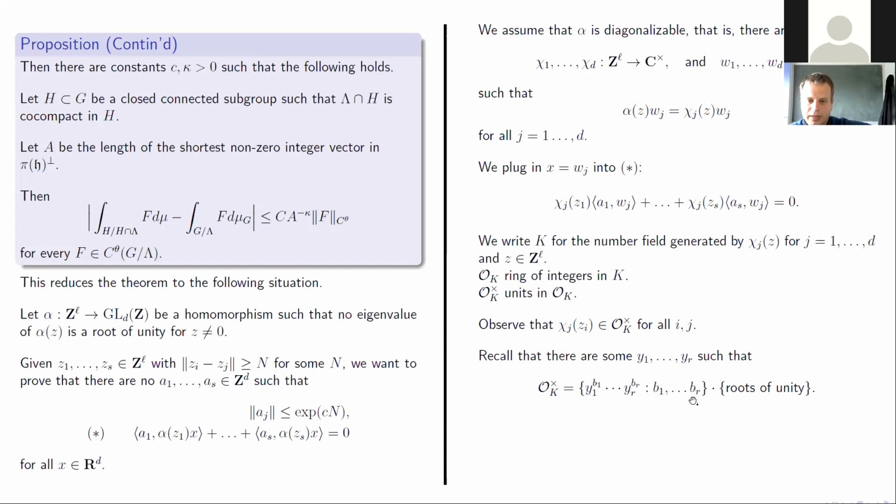One thing missing from my slide is that these b1 up to br are supposed to be integers. The only thing that I'm trying to say here is that there are very few of these numbers inside your number field, and for this reason, you don't expect that an equation like this will hold.